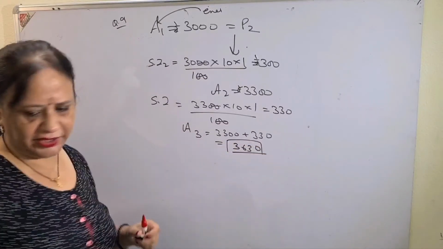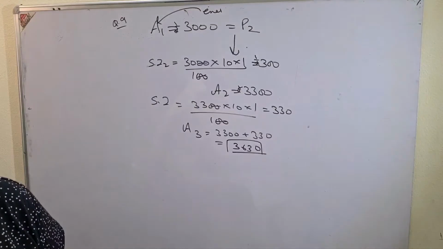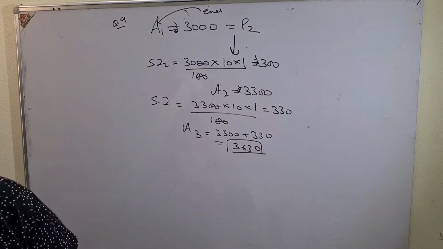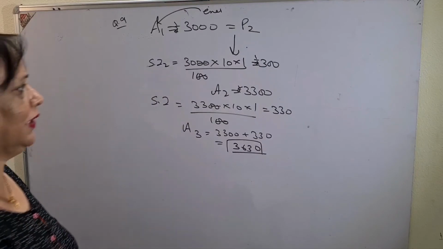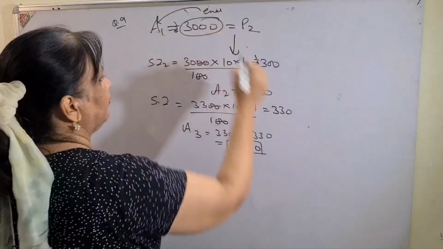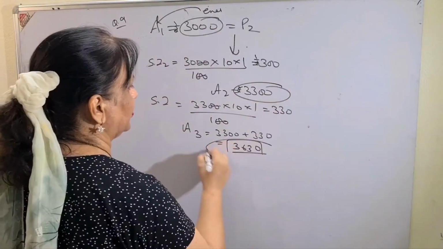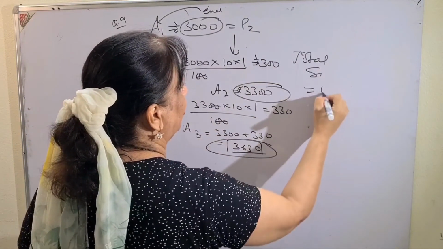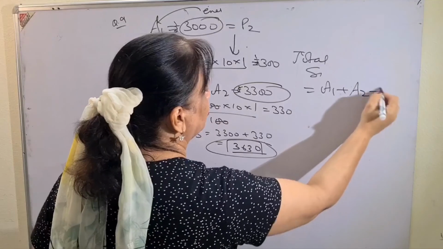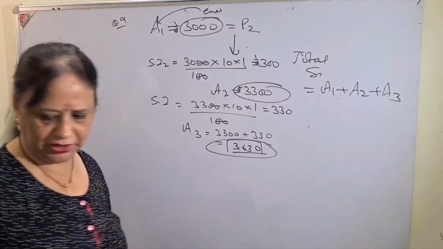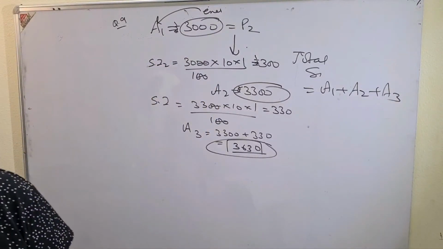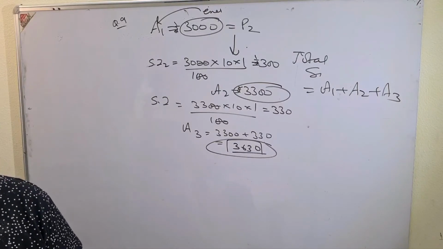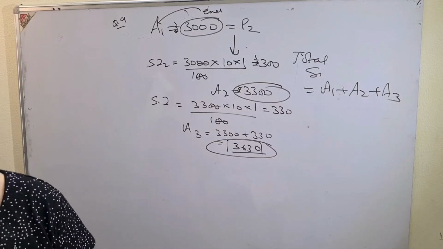Now he has asked you to calculate the total amount of his savings at the end of the third year. The total savings will be amount 1 plus amount 2 plus amount 3. I hope you followed. That means 3000 plus 3300 plus 3630, and that is your required answer. See, be very careful.